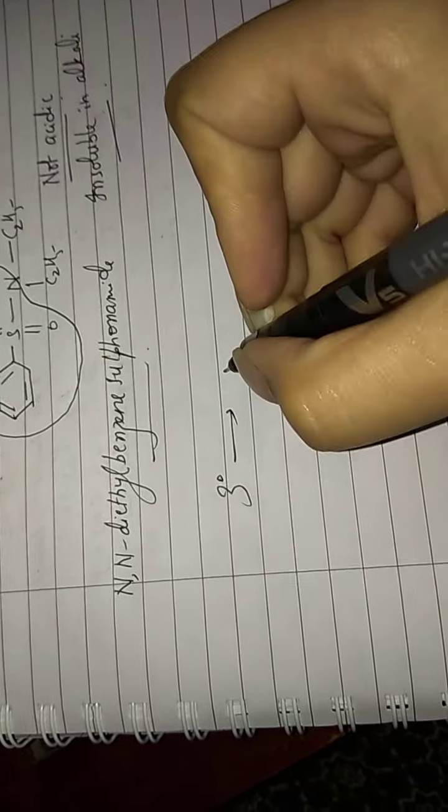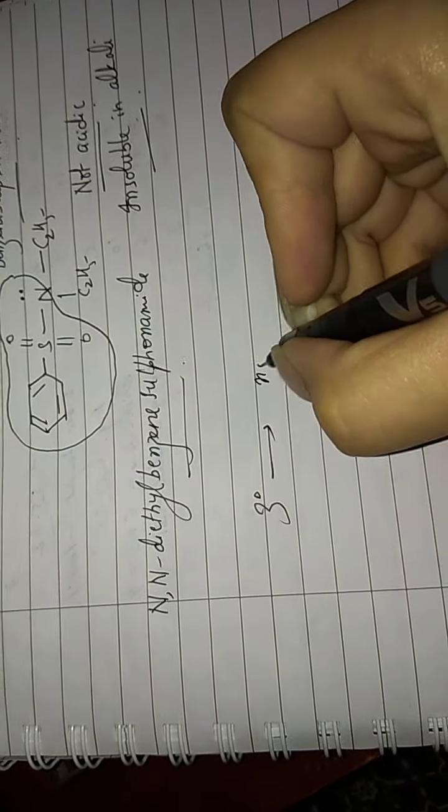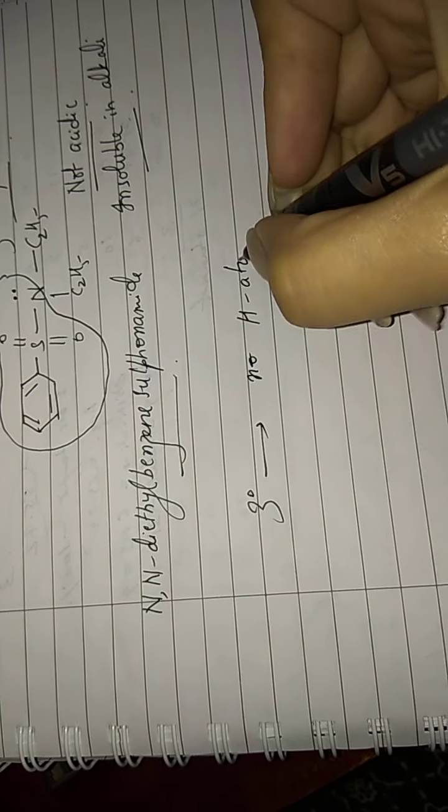What about a tertiary amine? A tertiary amine does not possess any hydrogen atom. Because there is no hydrogen atom, it will not react with the Hinsberg's reagent.